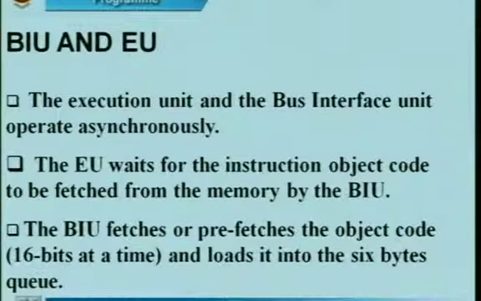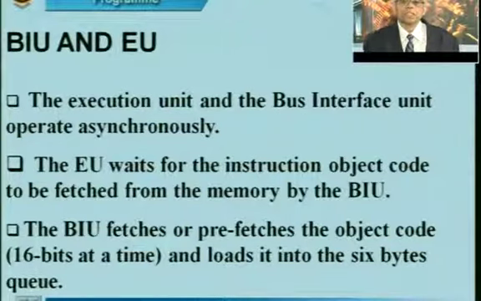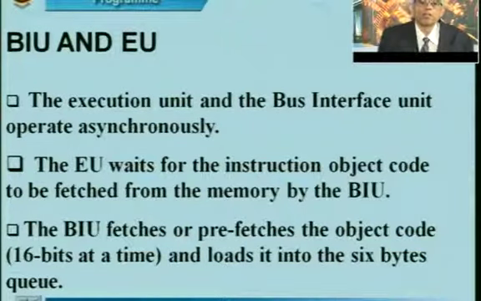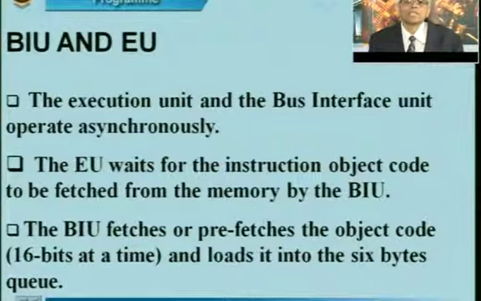As soon as you switch on the system and it starts operating, the bus interface unit fetches the code and puts it into the queue. From the queue, the control unit takes the information and gives it to the execution unit to start the operation. When this code is brought in, the execution unit starts working.